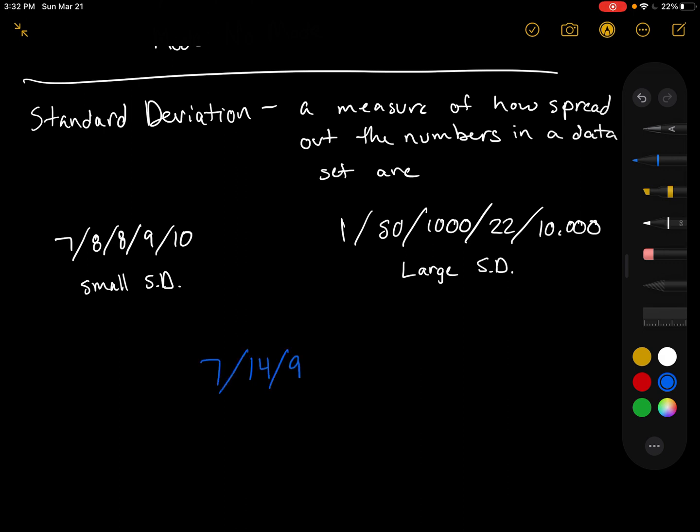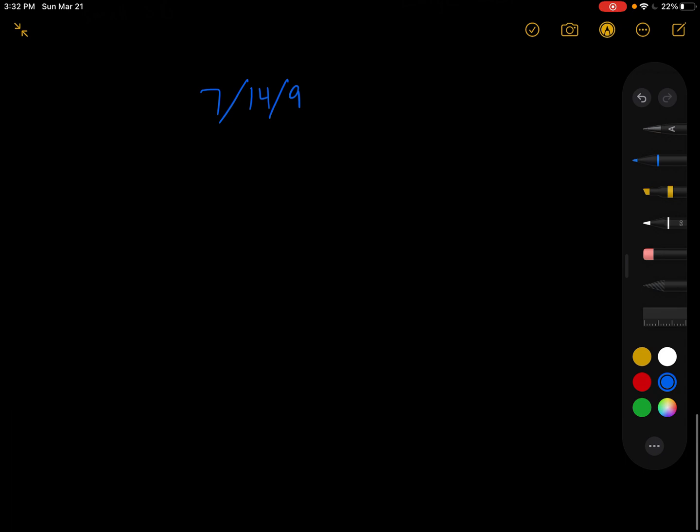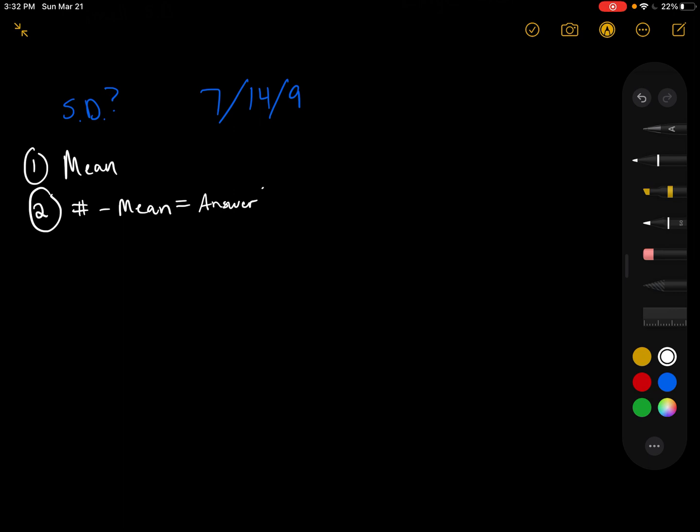So how do we do it? Let's take our first data set that we did. From the first problem we had, it was a 7, it was 14, and 9. So there's our data set, and we want to calculate the standard deviation of this. There's actually 4 steps. I'll write them off to the side. The first thing is you have to find the mean. After you've found the mean, you want to take the number, subtract it from the mean, and then whatever that answer is, you want to square it.